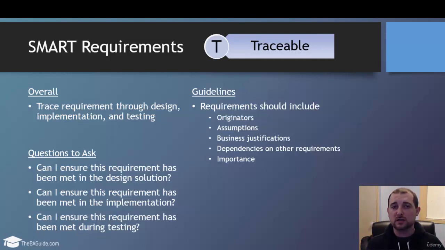Certain companies and organizations will do this more or less than others. Some organizations fully trace a requirement and they're very, very stringent about it. They need to know requirement 1.1.4.b is this requirement in the business requirements document.